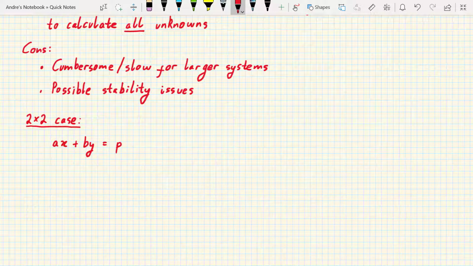For the 2 by 2 case, let's have ax plus by equals p, and cx plus dy equals q. Let's also define C to be the matrix of coefficients.